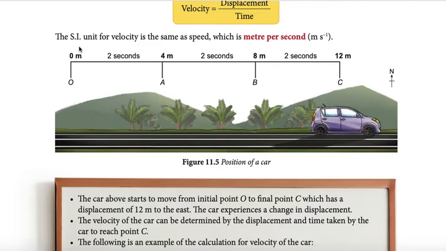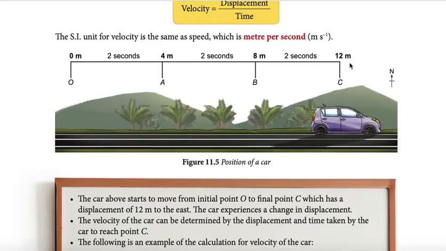The moment this car moves from initial point O, it will experience the change in displacement. Apabila kereta ini mula bergerak, dia akan mengalami perubahan sesaran. Sama seperti laju tadi, semakin kereta ini bergerak jauh daripada initial point, dia akan mengalami banyak perubahan sesaran.